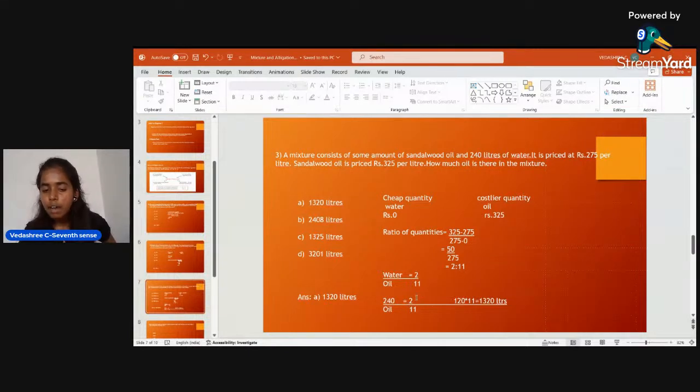Now we'll divide 240 by 2. 2 ones are 2 and 2 120s are 240. Next we'll cross multiply. 120 into 11 is equal to 1320 liters.